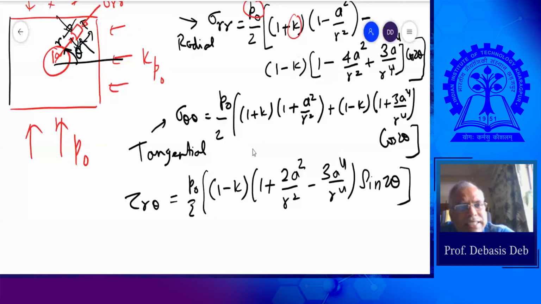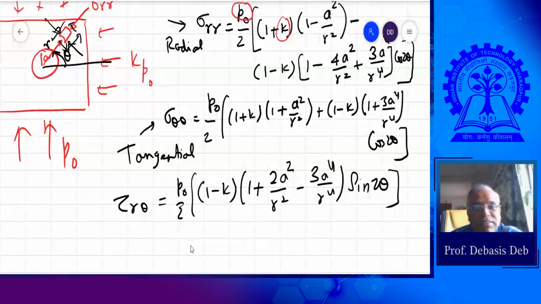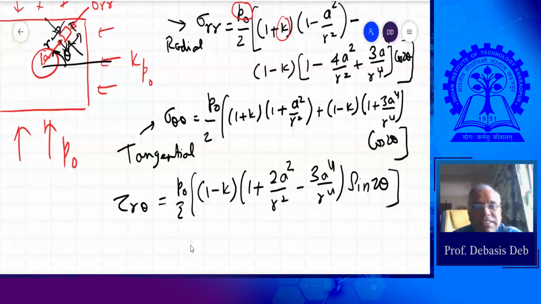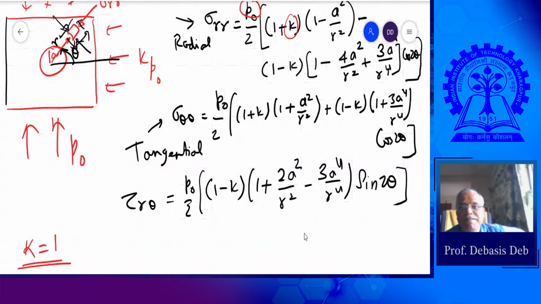Now another important thing we are finding here: if K equals to 1, I hope you have noted down this equation because I'm going to use this very much. Now, if K equals to 1, what is happening in this equation? Can anybody tell me?